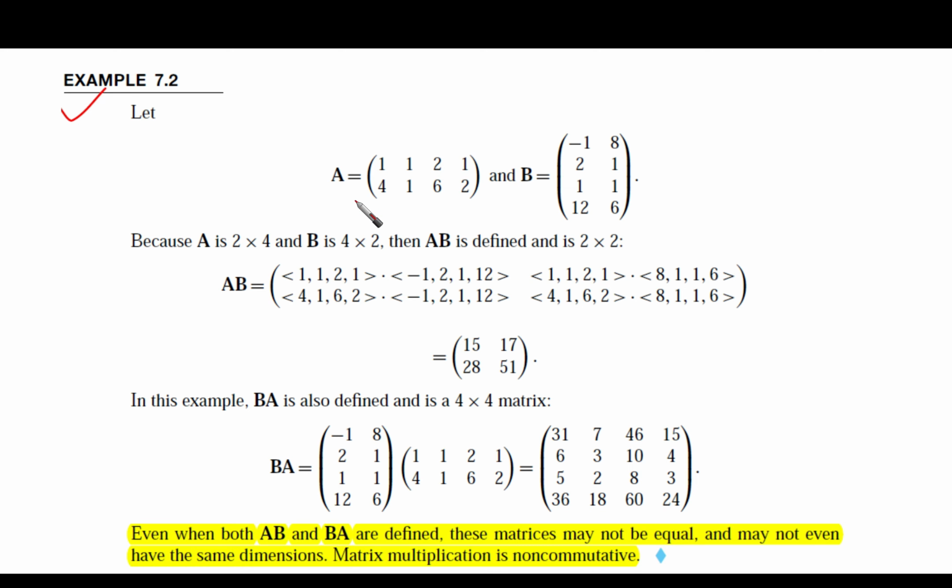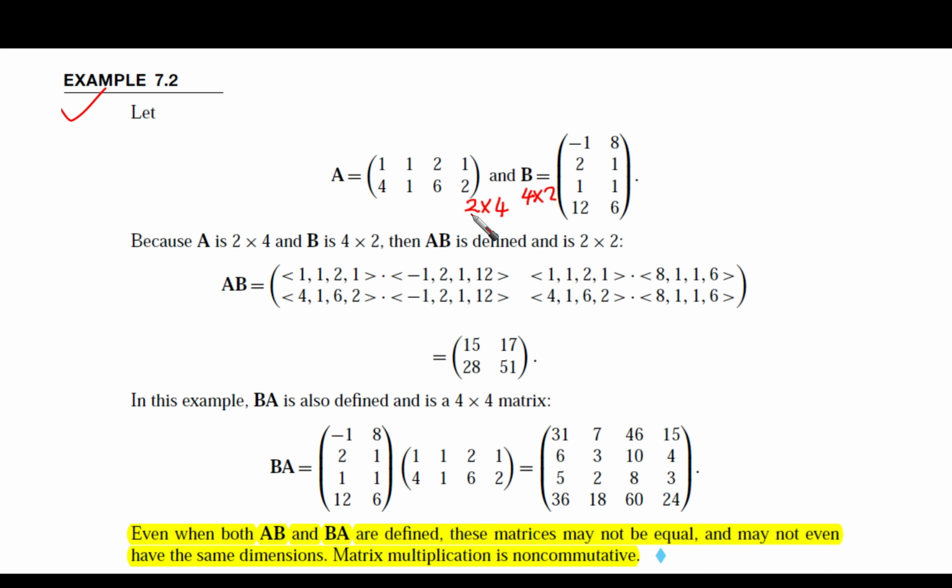If we have A, as you can see, it is 2 rows times 1, 2, 3, 4. We have 4 here. And B, we have 1, 2, 3, 4, which is 4 rows times 2 columns, as you can see. So we have 4 by 2. Okay? So we are going to first check.